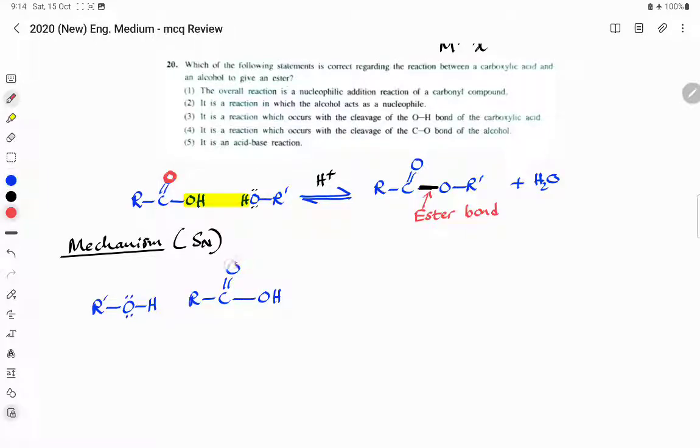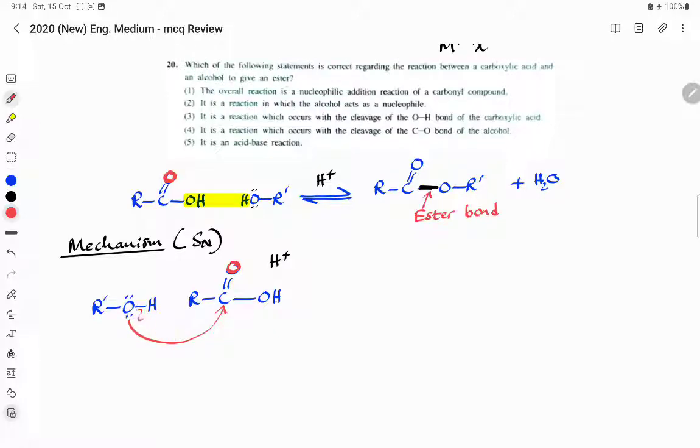Now this oxygen is a radioactive oxygen. What happens here is the lone pair from the oxygen in the alcohol will be given to the carbon of the carboxylic acid. And what will happen? The H plus will accept the electrons that are removed from the C double bond O group.